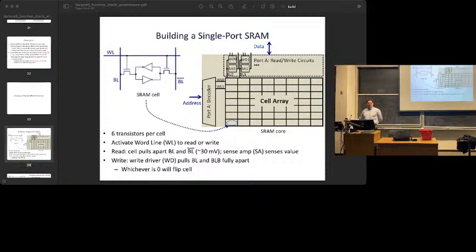Nobody does that anymore. The reason they don't do it is it's too complicated, because I just described a whole bunch of signal timings inside the RAM. The clock edge hits, it detects it's a read, it'll start pre-charging right away. There's a delay, then it basically activates the word lines. There's another delay, it activates the sense amps. That's all a lot easier to do if you start with a clock edge.